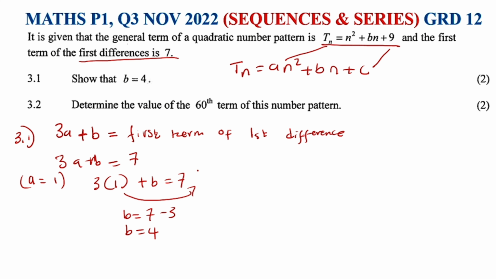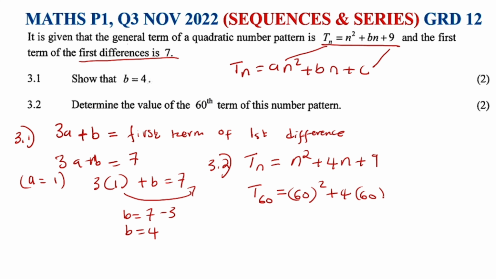Now we know that b is equal to 4, therefore our formula Tn should be equal to n² + 4n + 9. Therefore, the 60th term is equal to 60² + 4(60) + 9.